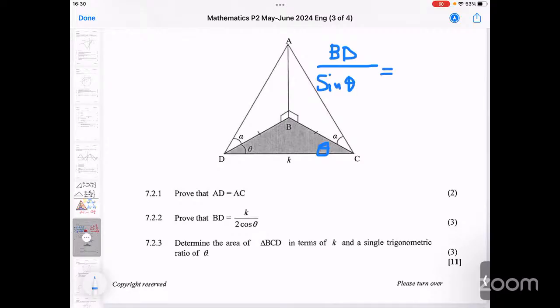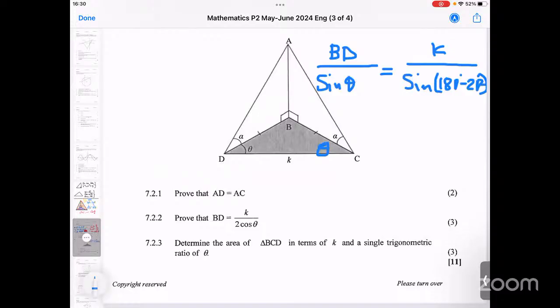And then that was BD over that. And then if we say that side of CD being K, it will be over what, Didintle? Sine B. Sine angle B. And you said, what is that angle B? It was 180 minus 2 theta.